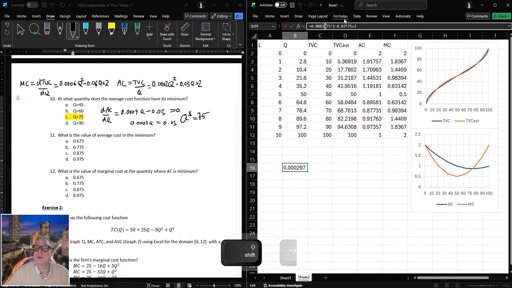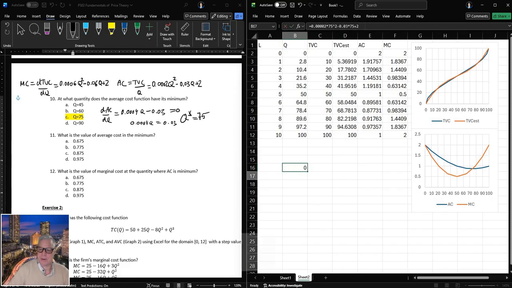0.002 times 75 squared. It's actually 0.0002, 75 squared minus 0.03 times 75 plus 2.